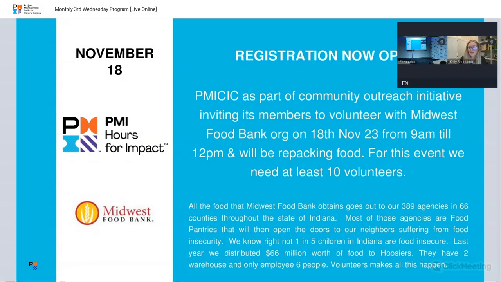It's going to be partnering with Midwest Food Bank in the morning for a couple of hours, packaging up food. So we're looking for at least 10 volunteers who want to come out to Midwest Food Bank that morning and do some food repackaging. If that sounds like something of interest to you, please go to our website and sign up to volunteer for this event as well. Hope to see you there.